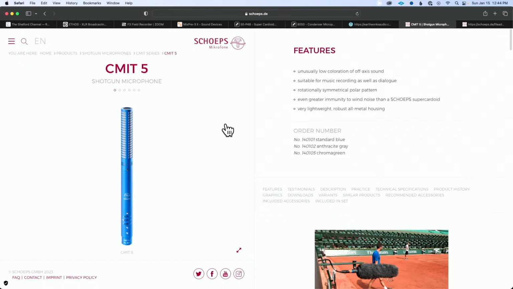It can be EQ'd and sound fine in post, but if you're using it for live sound, that's where it could become a little bit of a problem, unless you're also applying EQ there. So just different philosophies in terms of design is what it comes down to.